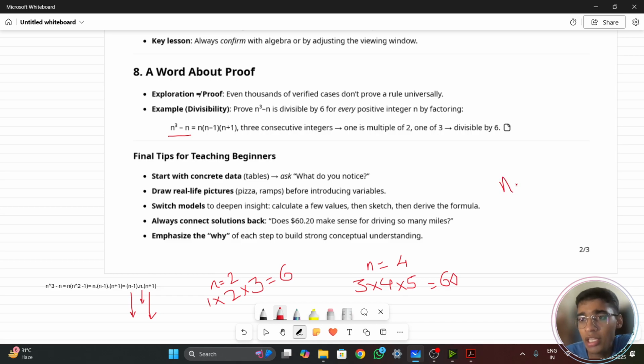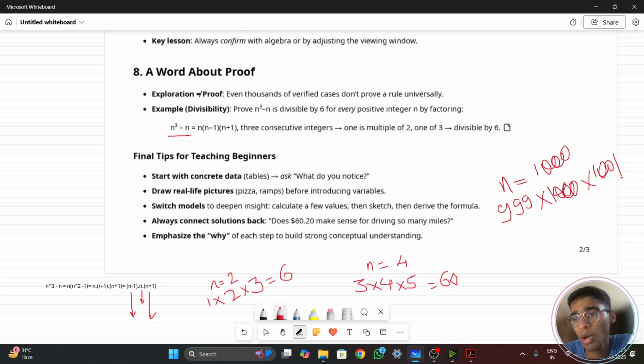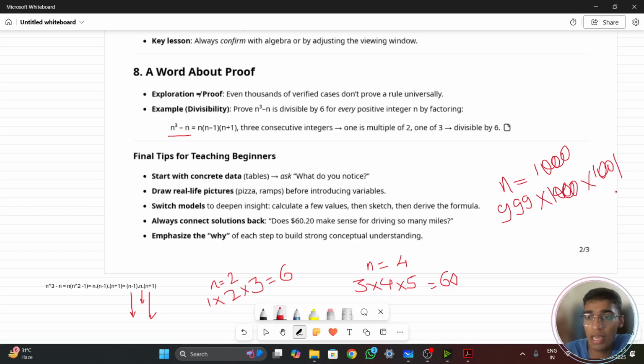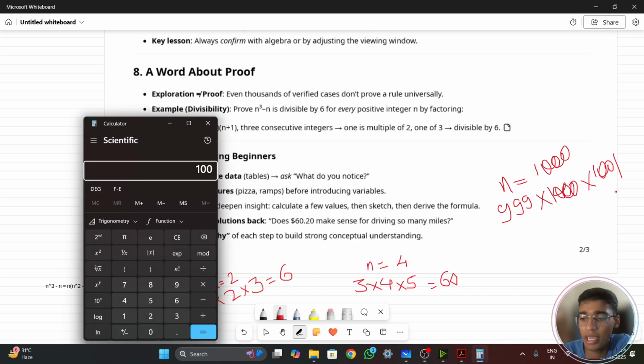Even if you take n equals 1000, what you are getting is n minus 1, 999, into 1000, into 1001. We cannot multiply directly, so we'll take the help of a calculator: 1001 into 1000 into 999.